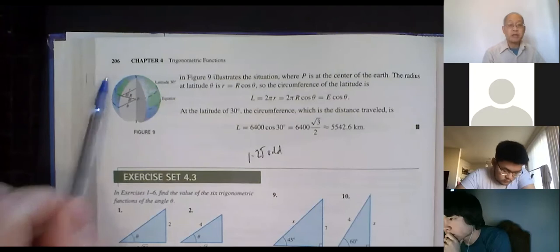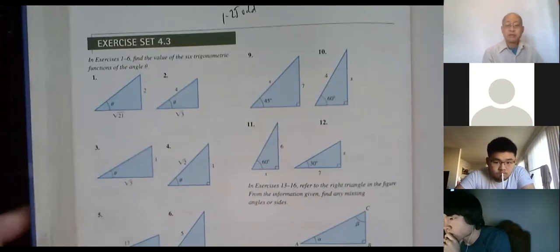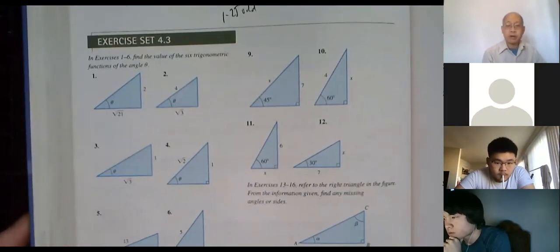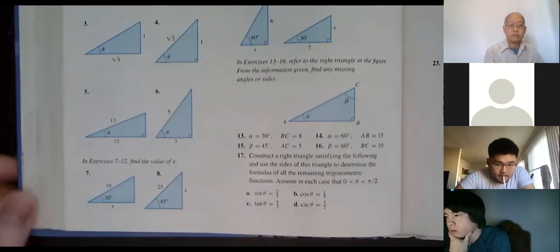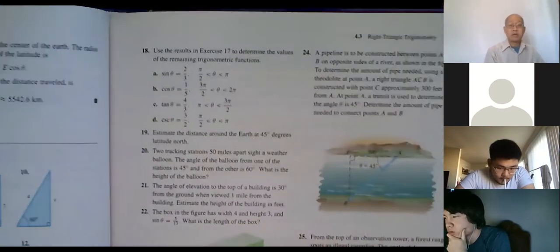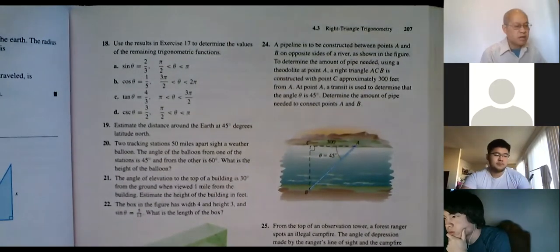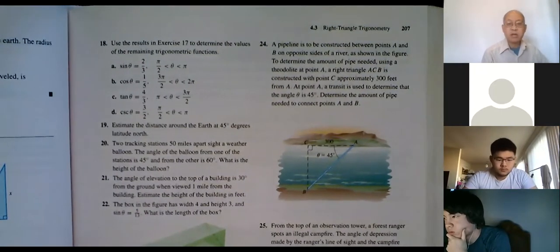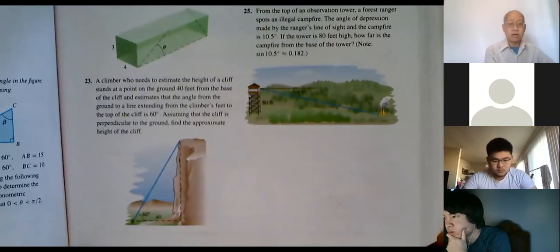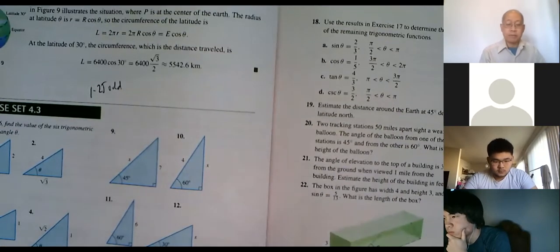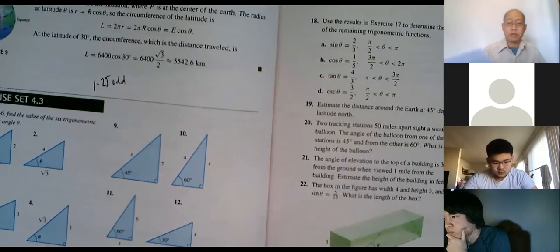So page 206, for those of you that don't have the book and aren't getting it, there are those problems. Next page, 207. When you look at the video, just go forward or backward or pause as much as you need to.